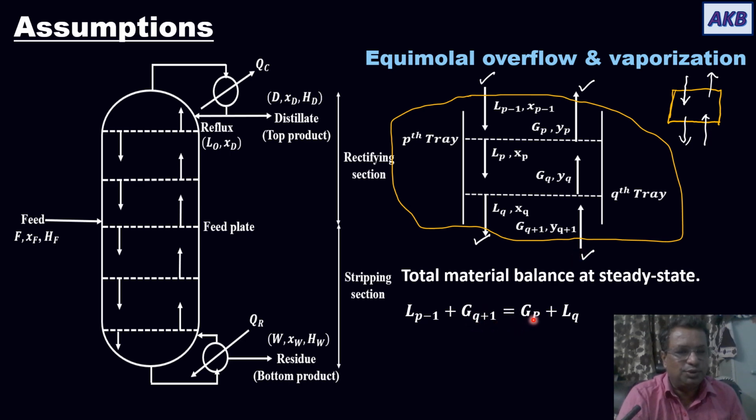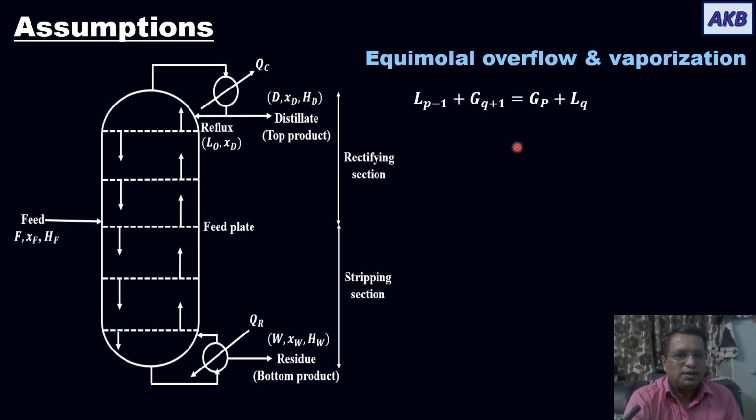Output is the vapor stream with flow rate G P that is going out, and the liquid stream with flow rate L Q that is coming out. So the total material balance written for steady state for this system is given by this equation: L P minus 1 plus G Q plus 1 is equal to G P plus L Q.